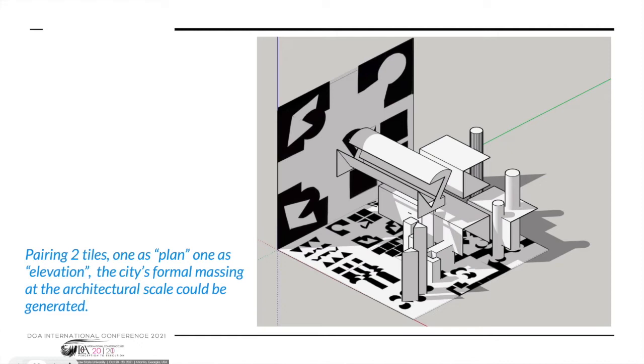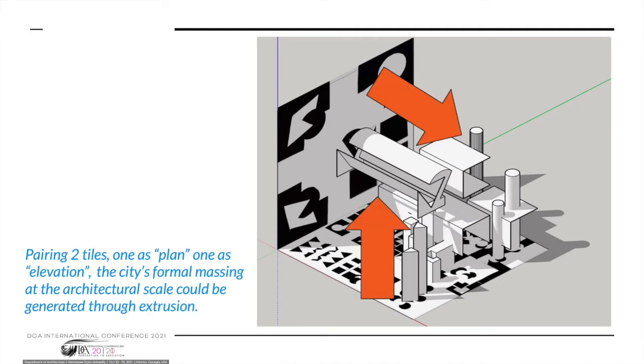Then we take one tile for the elevation and an assemblage of the 9 tiles in plan, and start to extrude or extract expressions of solid and void from it. And in my case, I use the free version of SketchUp to share with the students as a way of starting to examine that extrusion.